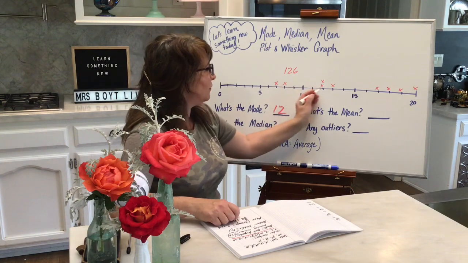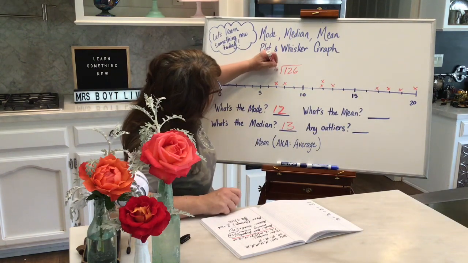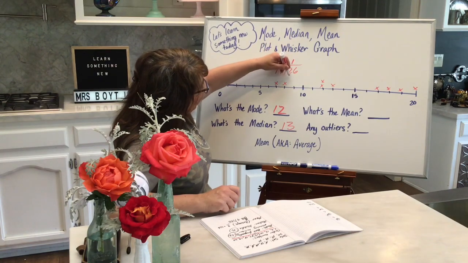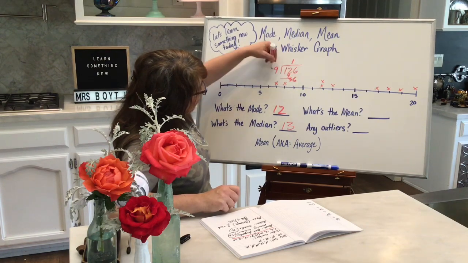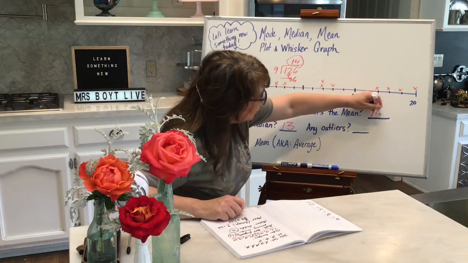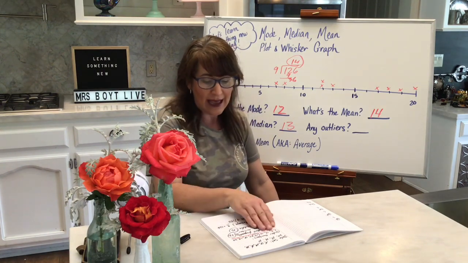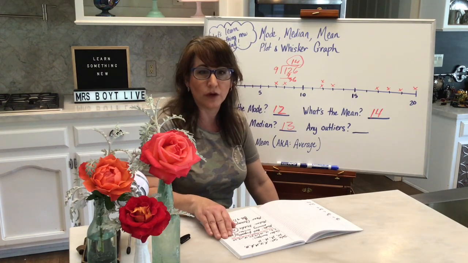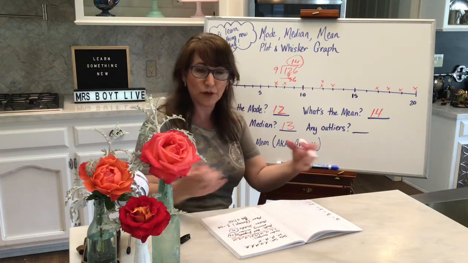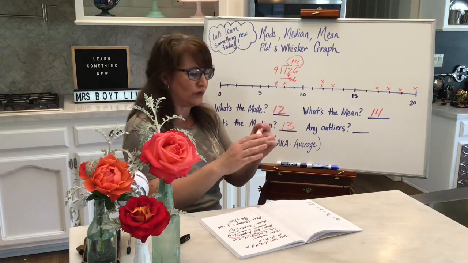So 1, 2, 3, 4, 5, 6, 7, 8, 9. So you divide that by 9, and this is really so easy. 9 into 126 is 14. There's our mean. That means the average score was 14. As you can see, nobody actually got a 14, but that still is the average after we add all the numbers together and divide by 9.